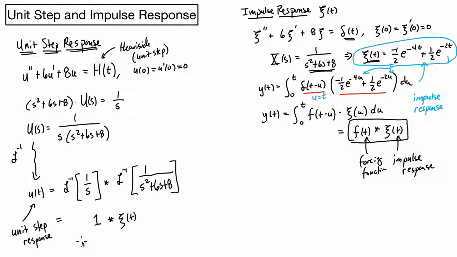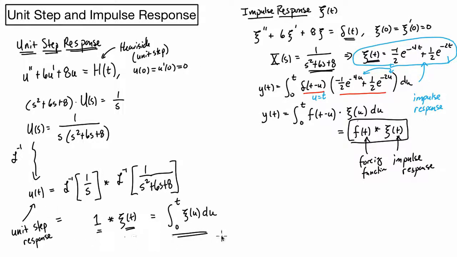So we know that the unit step response is simply a convolution of the impulse response with 1. But if I think about that, the convolution integral here would be the integral from 0 to t of xc of u du, because 1 would be at t minus u, but it's just a constant.